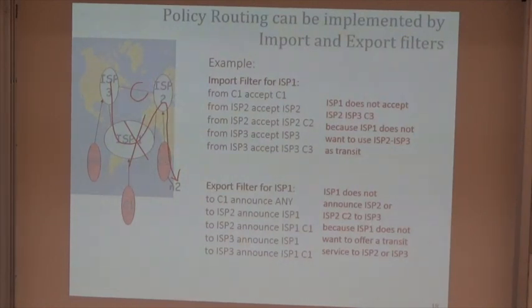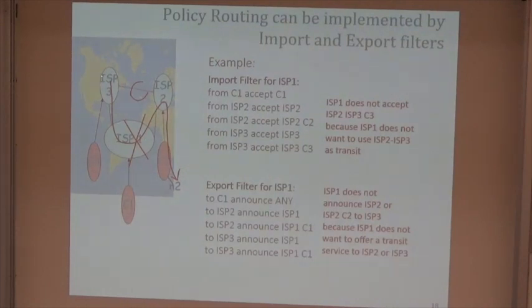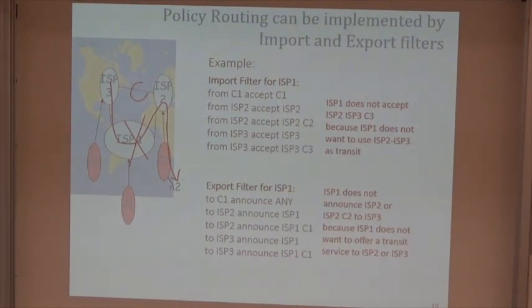So ISP1 will not say to ISP3 that it has a route to ISP2. Because if it would be doing that, it would be serving as a transit. So ISP1 agrees to see ISP2 and ISP3 as peers, but none of them as customers. So by playing with those import-export rules, this is how policy is implemented.